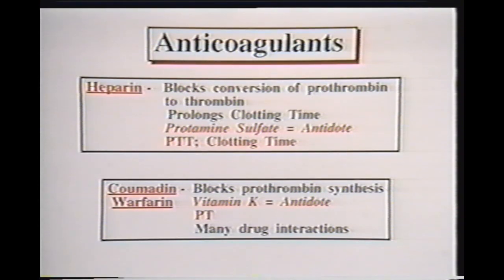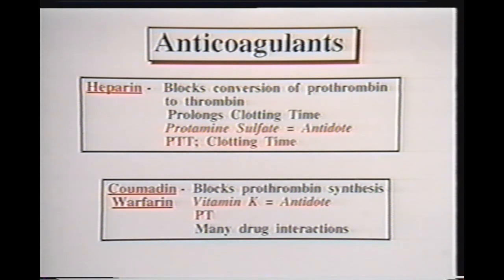That would be an important fact to remember, one that's probably going to show up in a question somewhere along the way. People that get anticoagulants are folks with pulmonary emboli, MIs, strokes, deep vein thrombosis, which are probably the main indications. We're going to start with heparin and then move on to Coumadin.